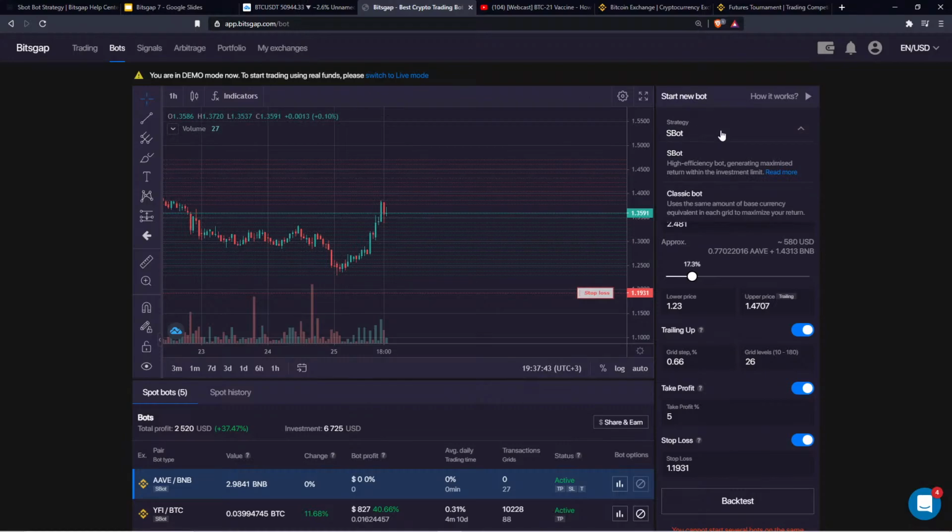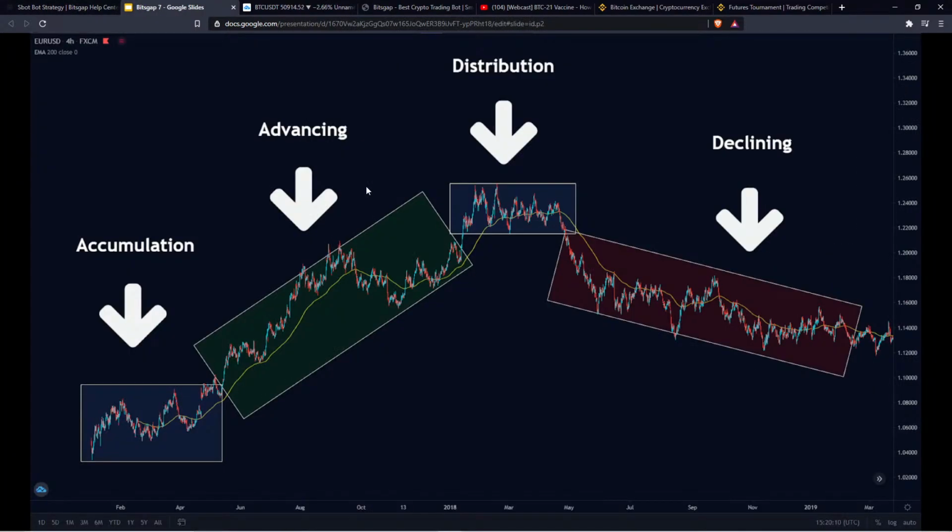You set the best strategy based on the market phase, and you remember that the SBot is for distribution and accumulation, and for the advancing, the best one is the classic bot.